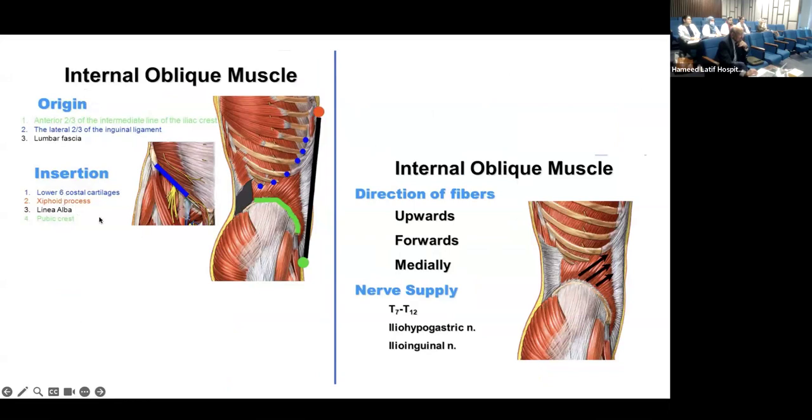And then it is inserted into the lower 6 costal margin, xiphoid process, and linea alba, which is the middle line where the aponeuroses meet. And the direction of its fibers is upwards, forwards, and medially. And nerve supply again, like external oblique, T7 to T12, iliohypogastric and ilioinguinal nerves. These are the nerves that we'll talk about also.